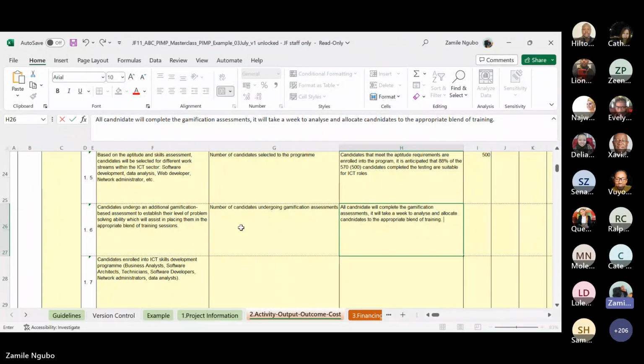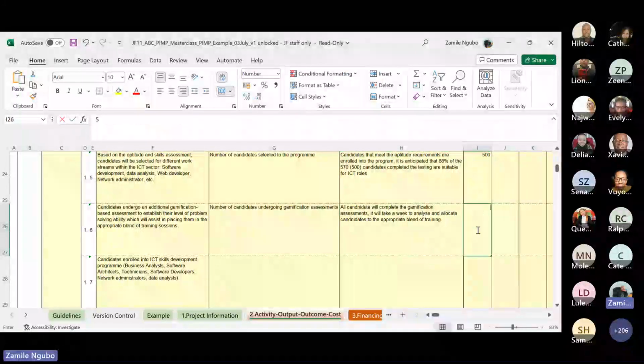So this is still 500 candidates that have been selected.